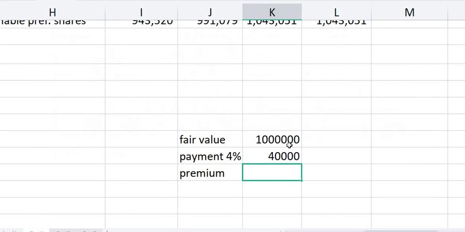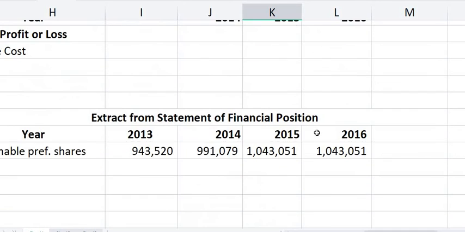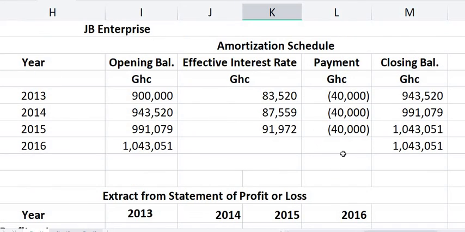So 10% of 1 million is 100,000. So in total, we are going to have 1,140,000 as the total payment. Let's note this. We're going to have this as the total payment, 1,140,000.